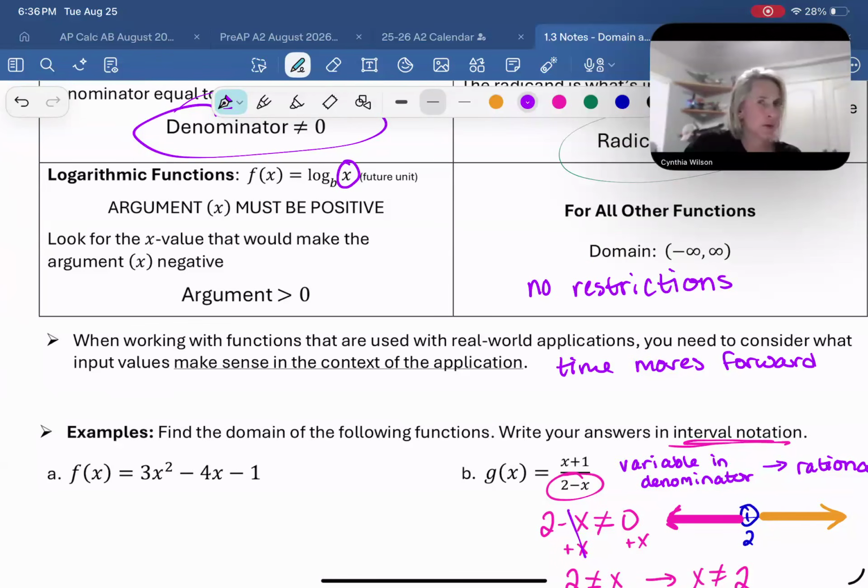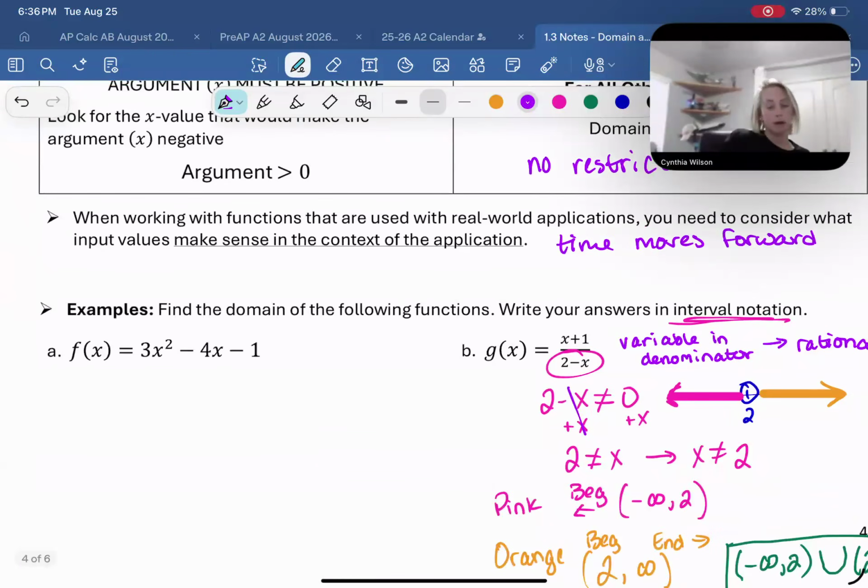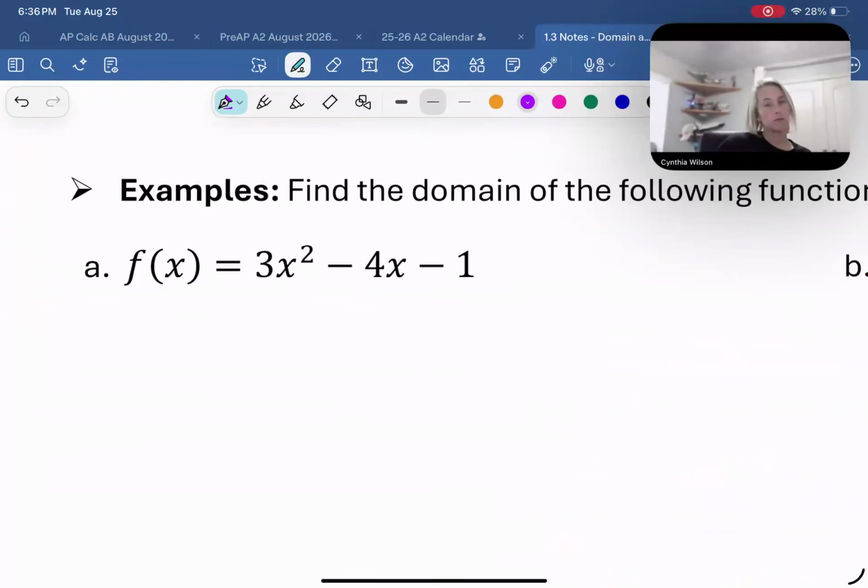Time moves forward. Like physical objects, like my can here. Can I ever have a negative amount of these cans? Yeah. So physical objects have to stay positive because it doesn't make sense to have a negative number of objects.